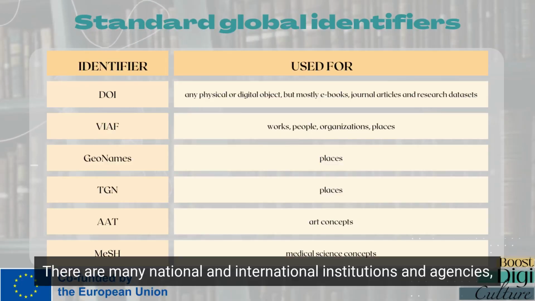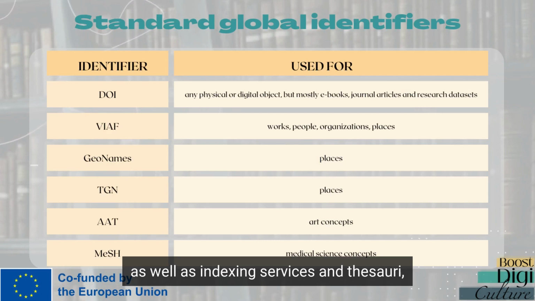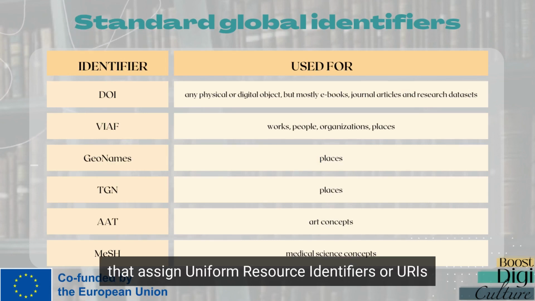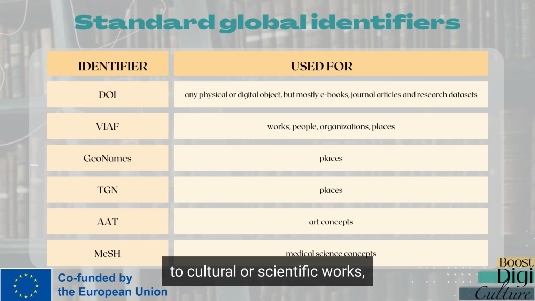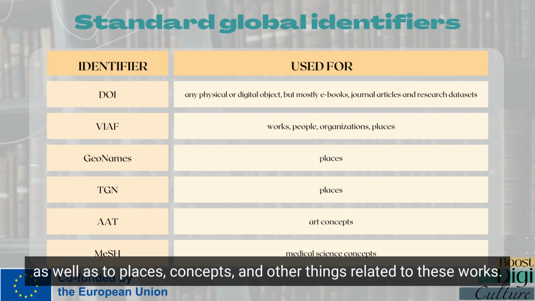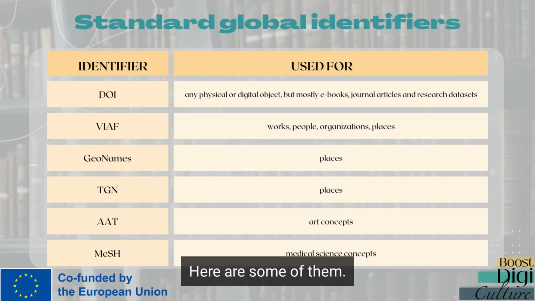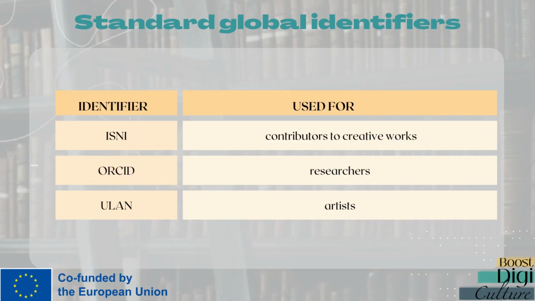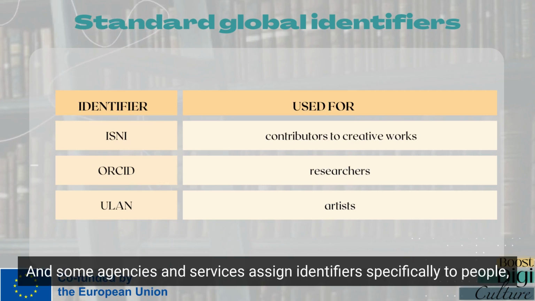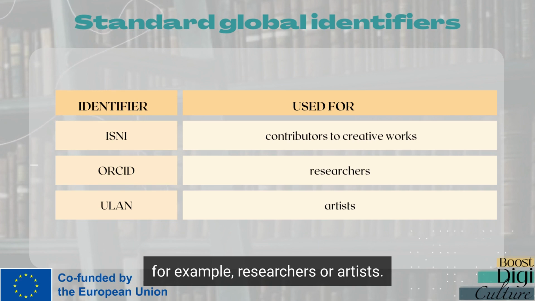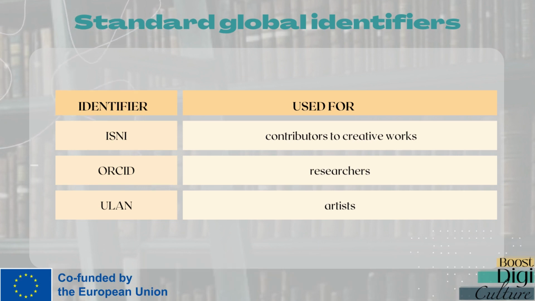There are many national and international institutions and agencies, as well as indexing services and thesauri, that assign uniform resource identifiers or URIs to cultural or scientific works, as well as to places, concepts, and other things related to these works. Here are some of them. And some agencies and services assign identifiers specifically to people, for example, researchers or artists.